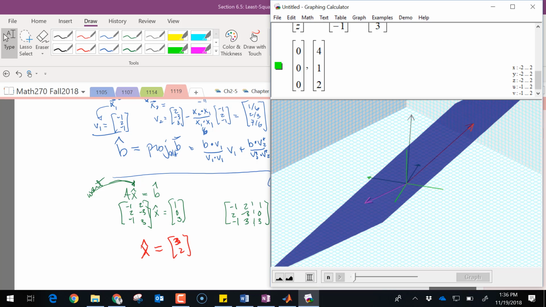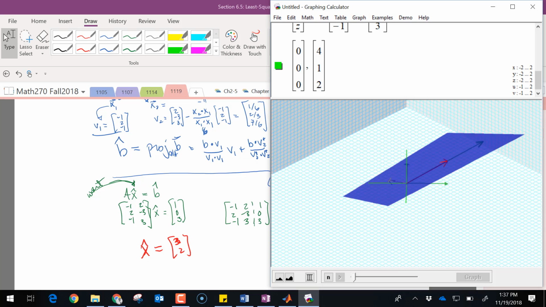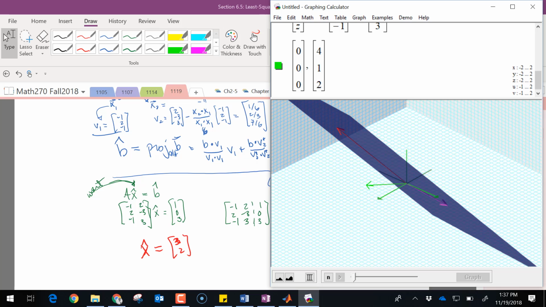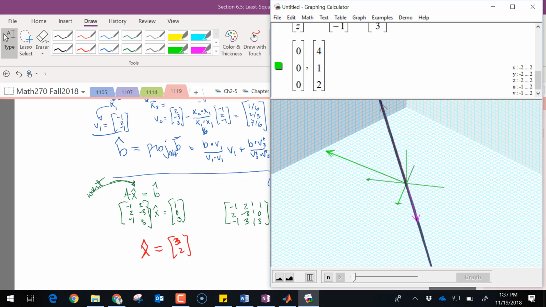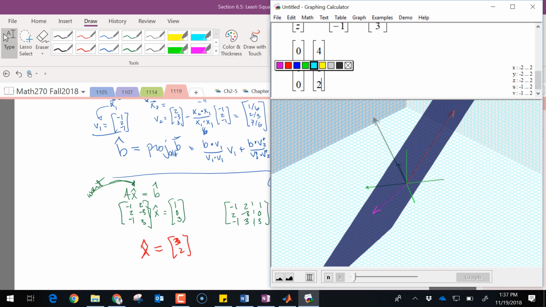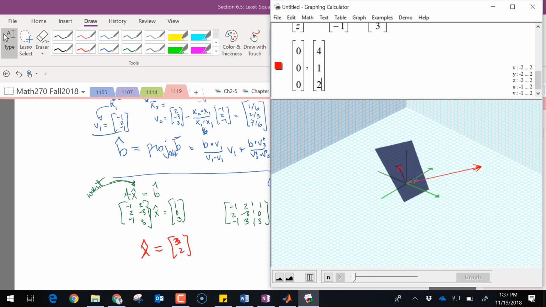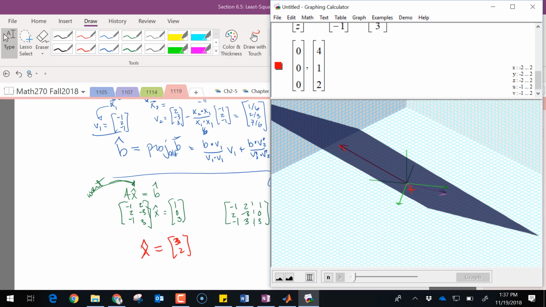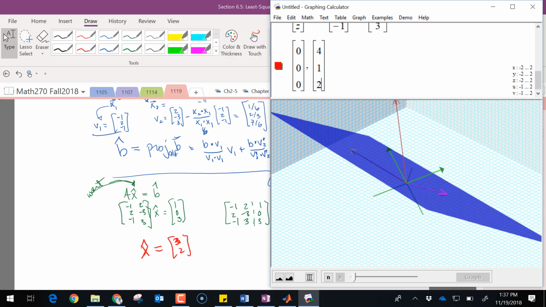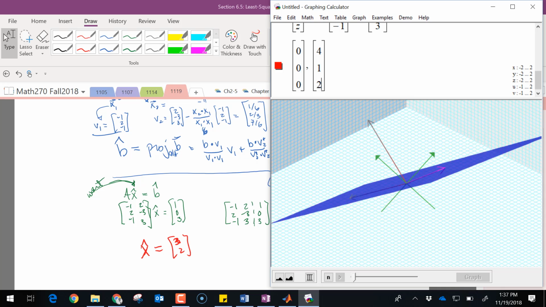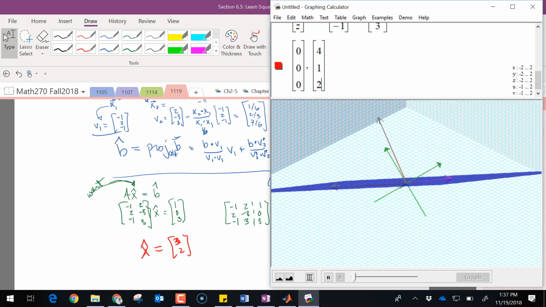So vector B is not in the subspace that we want, right? So we have an issue with that. In fact, if we tilt it so we're looking at the plane flatter, we see that vector B is this red vector.